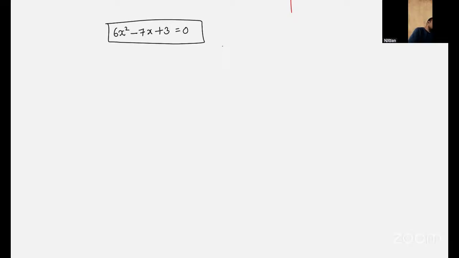6x, yeah, 6x power square 2 will be multiplied by 3. Okay, so it will become what? 18x square. Now, what you have to do? What I said? You need a number. A number into a number should be 18, and if you add the numbers, you should get minus 7.